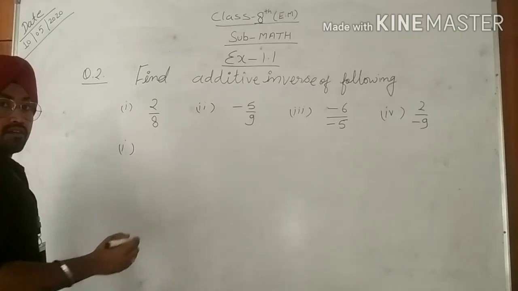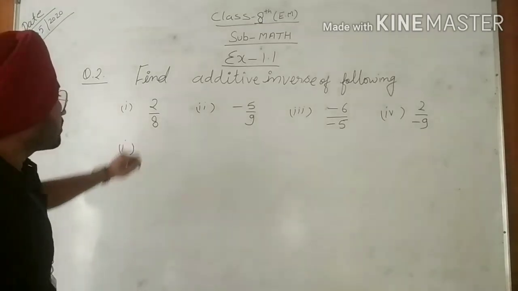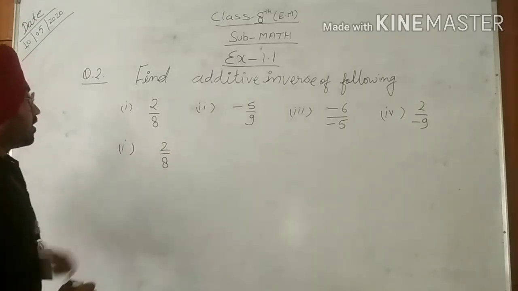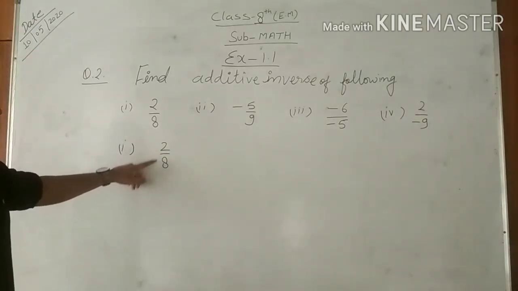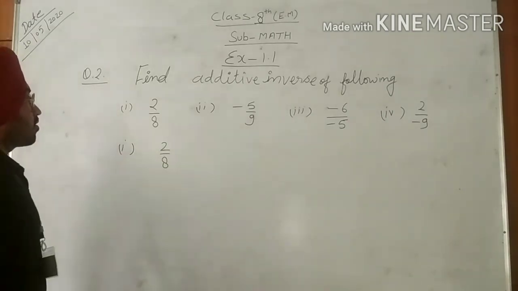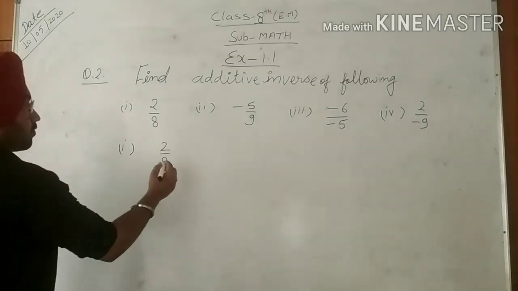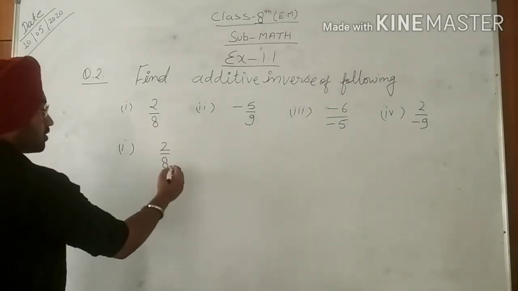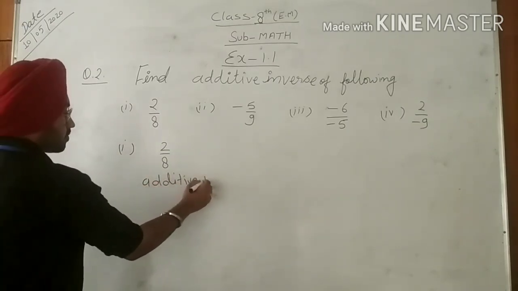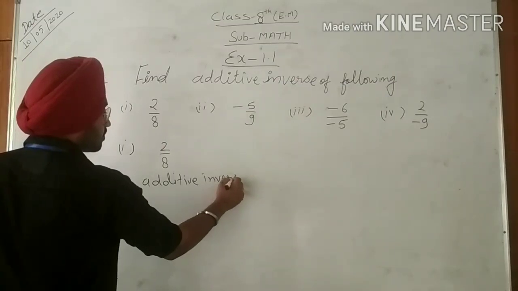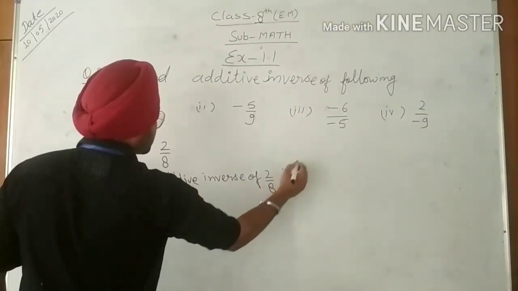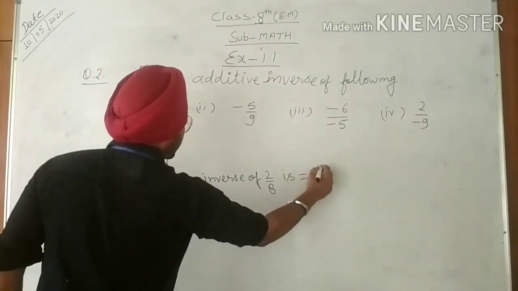here we understand it by an example. 2 upon 8. Here numerator and denominator both are positive. First we want to find the additive inverse of 2 upon 8. So the additive inverse of 2 upon 8 is negative 2 upon 8.